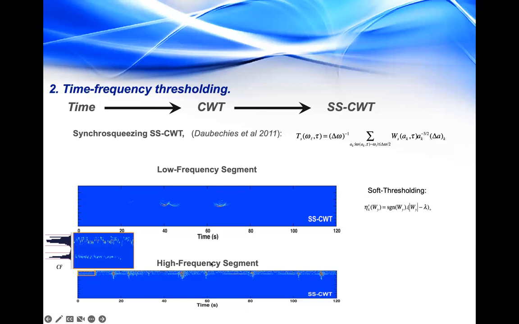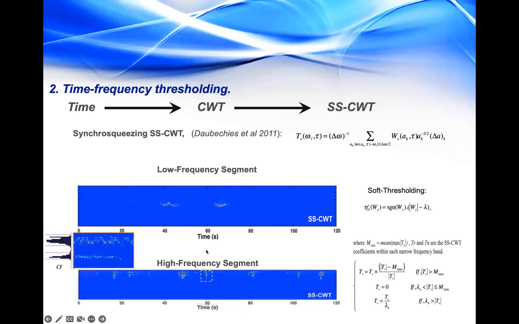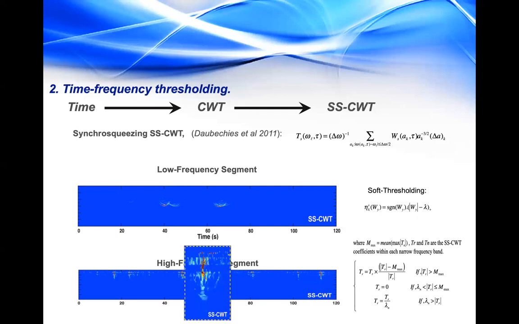This is done in a pre-signal section using the same characteristic functions that we used earlier. And then inside each of these narrow bands of the noise, we threshold the squeezed coefficients using this function that we have specifically defined to take out dominant noise without affecting the main spectral structure of the signal.